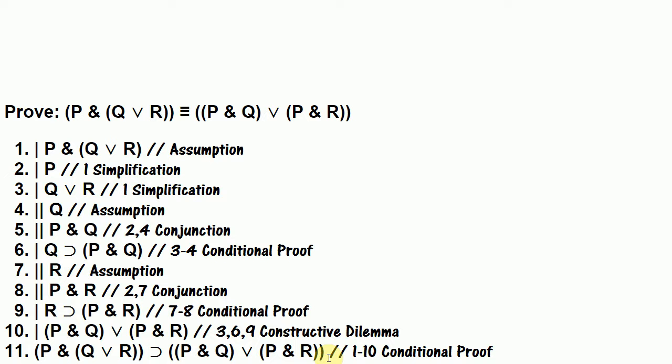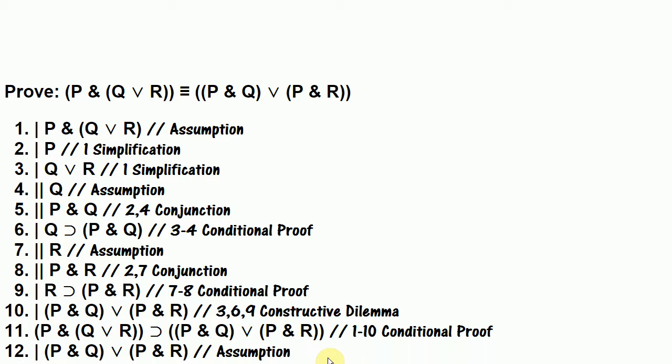Now we'll continue from this proof and go in the other direction. So we begin by assuming P and Q or P and R. That's what's on the right side of the biconditional. And we want to get P and Q or R. So how can we get that?